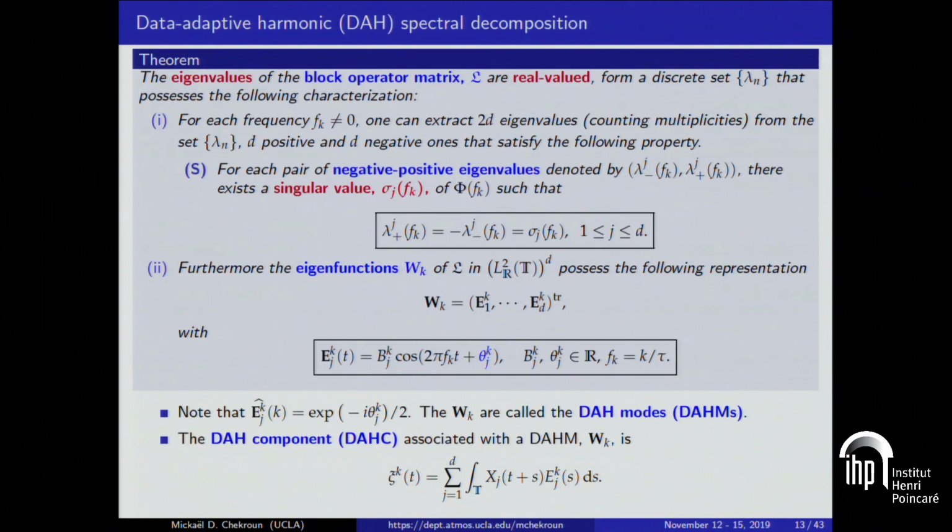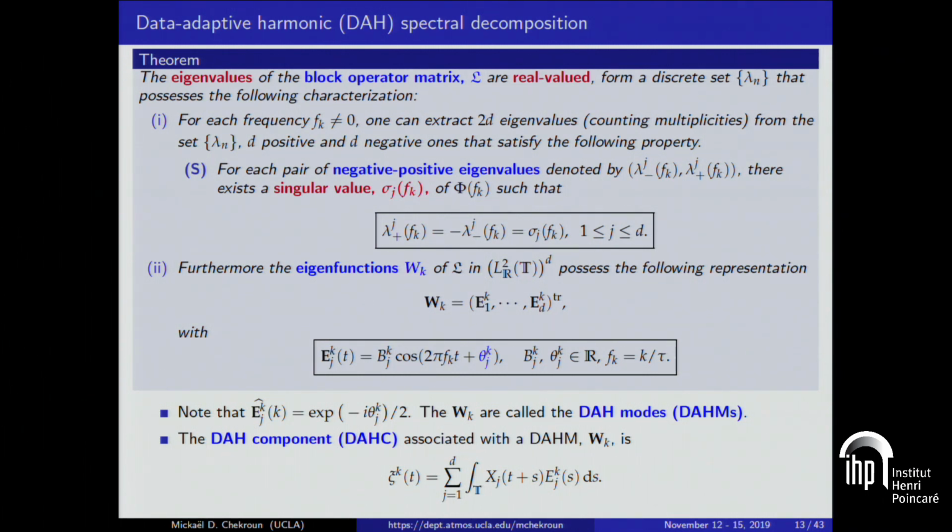So what are the properties? You have a theorem here. And again, let's go to the box. You can prove that your operator L, your block-Hankel matrix operator, has eigenvalues that come in pairs. They are all real. They come in pairs, one positive, one negative.